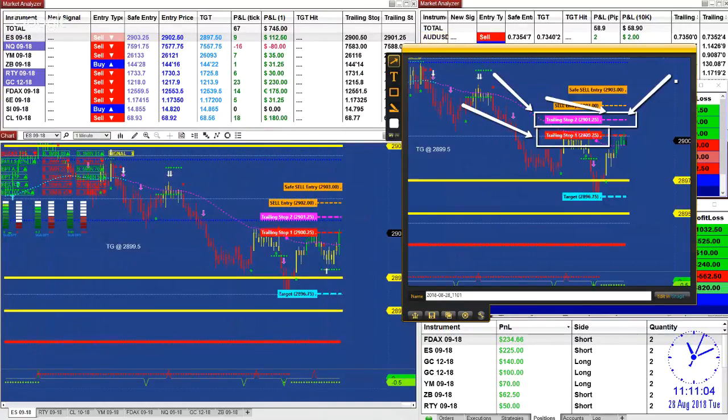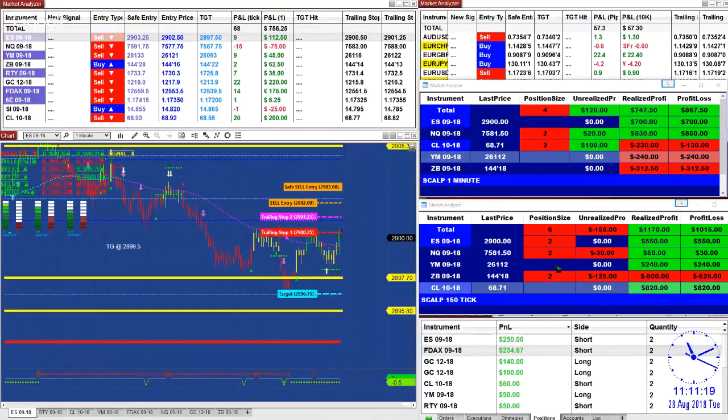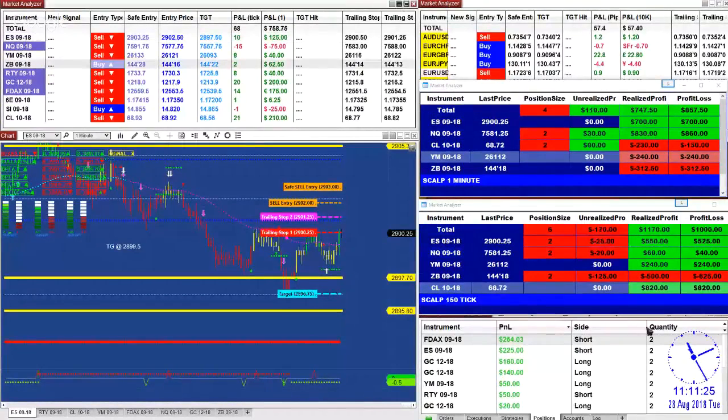If you practice on those, the trailing stop two or trailing stop one, those are extremely profitable, and most of the time they can bring money.